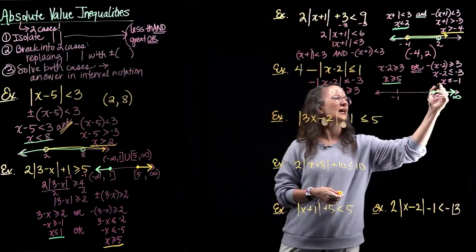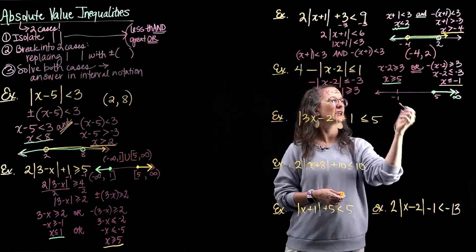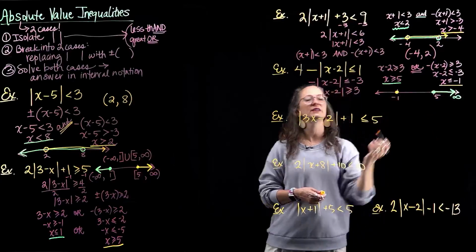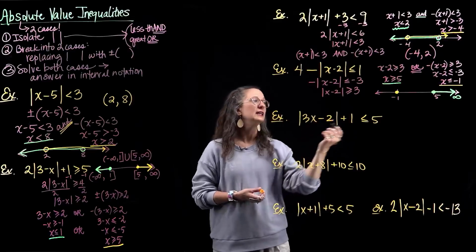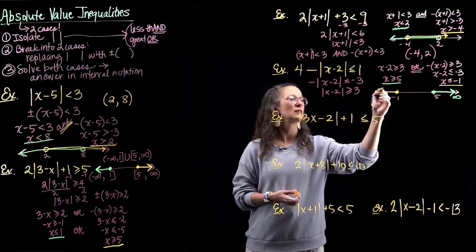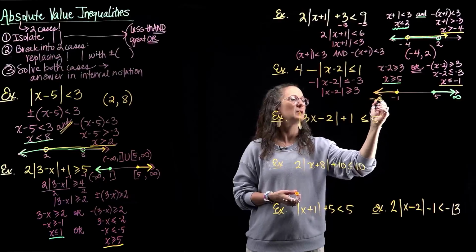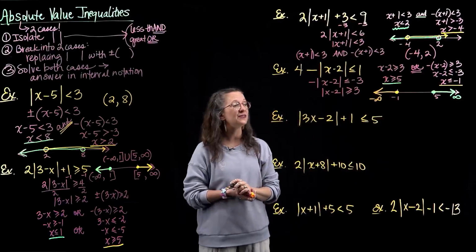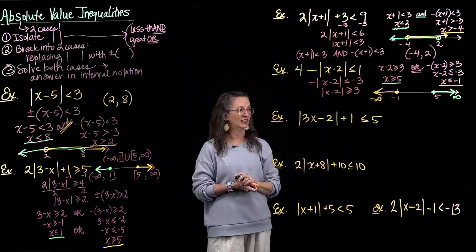The second one, x less than or equal to negative 1. We'll start with a solid dot on negative 1. It's less than, so we will go to the left. And I'm going to go ahead and label that left arrow as negative infinity.